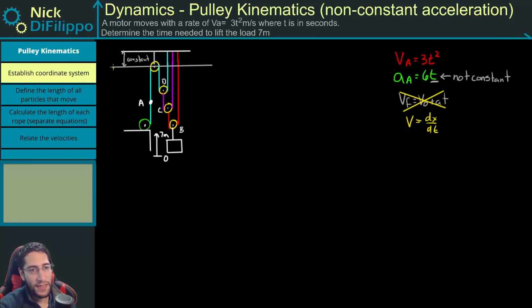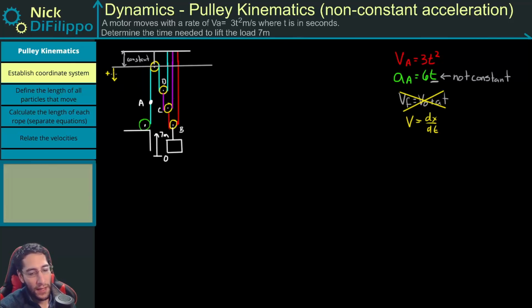Second thing is I need to define the positive direction of my problem. I always define my positive direction as the way that I'm going to be dimensioning the length of the pulleys. So since I need to dimension downward for the length of these ropes, that needs to be my positive direction.